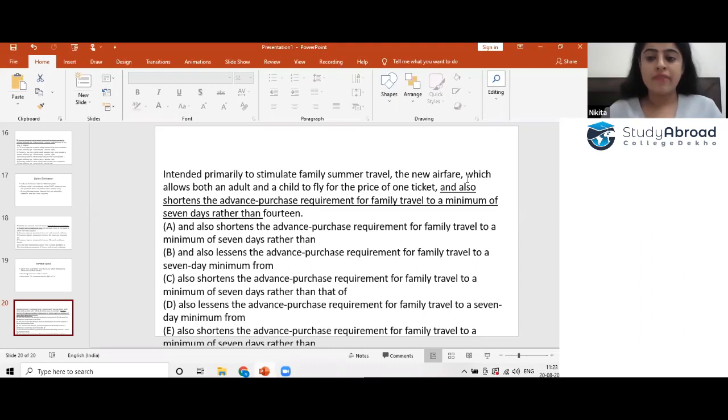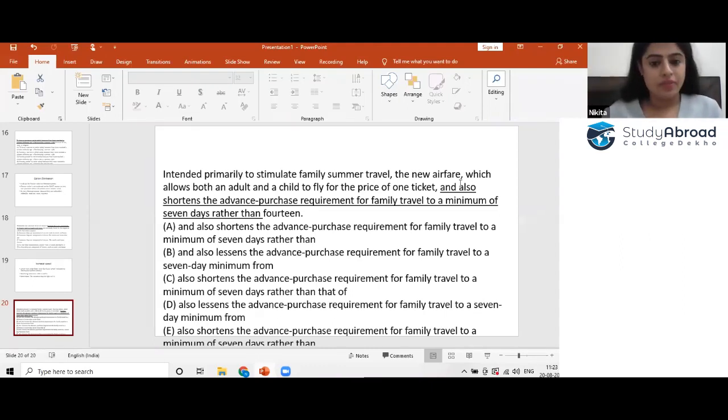So whenever you see this which coming up after a comma, the information that follows is extra information, and when you are trying to understand the full context of the sentence, you can overlook it.